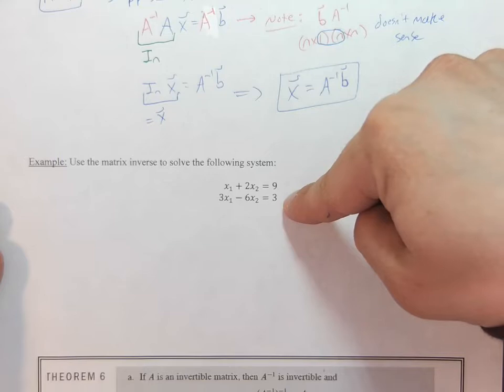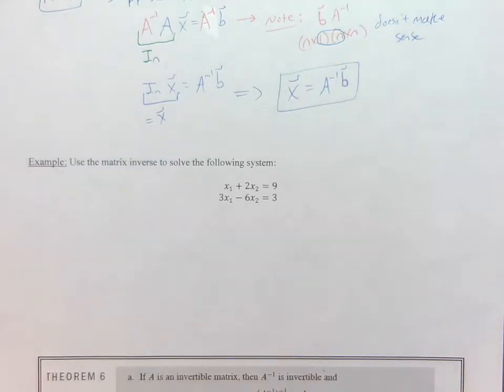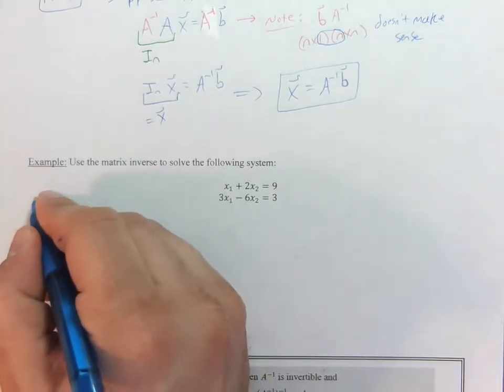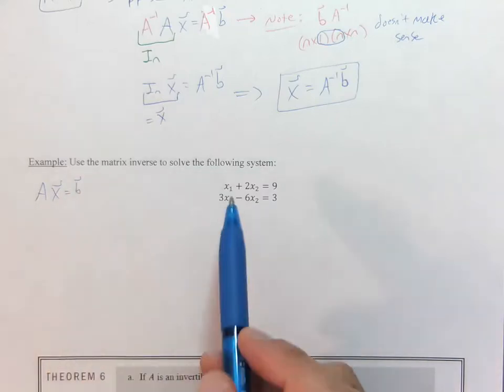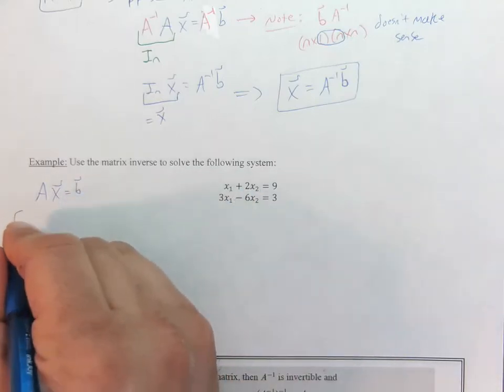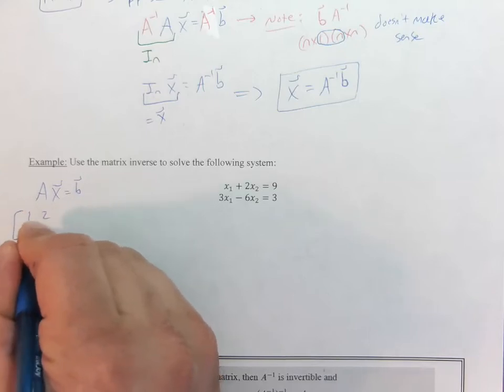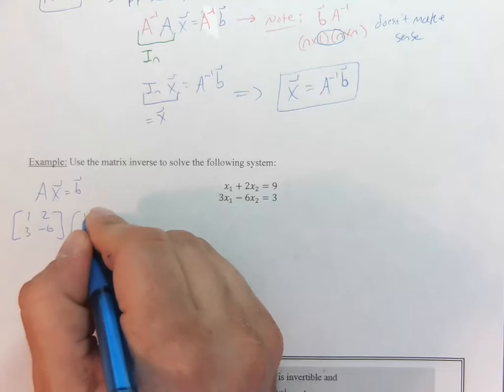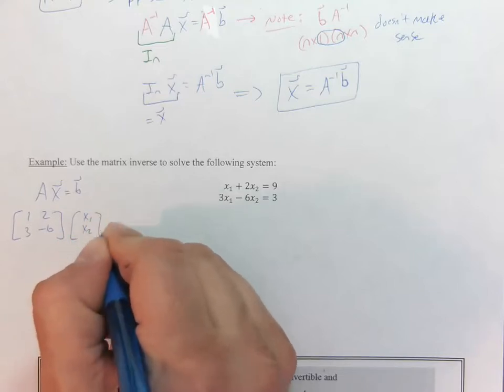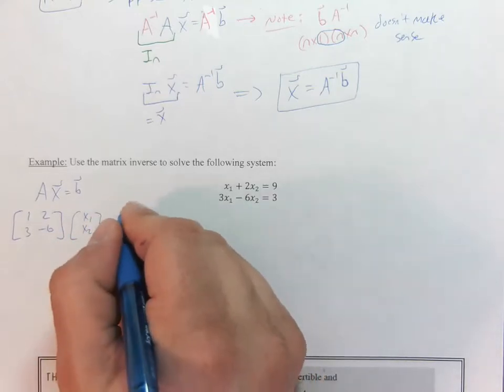So this is a system that we can write as AX equals B in the following way, right? This is something that we learned early on in the course here. So this can be written as AX equals B, where A is the coefficients, right? So the A would be 1, 2, 3, minus 6. The X would be X1, X2. And the B is the constants, 9, 3.